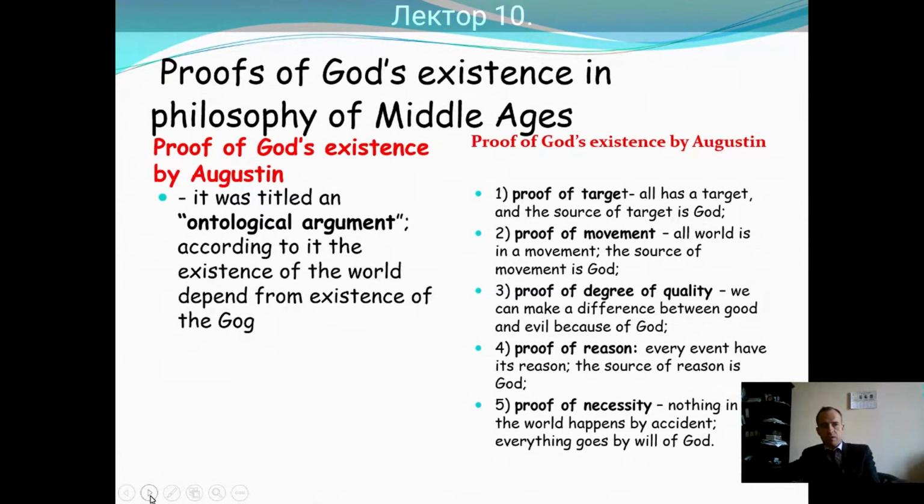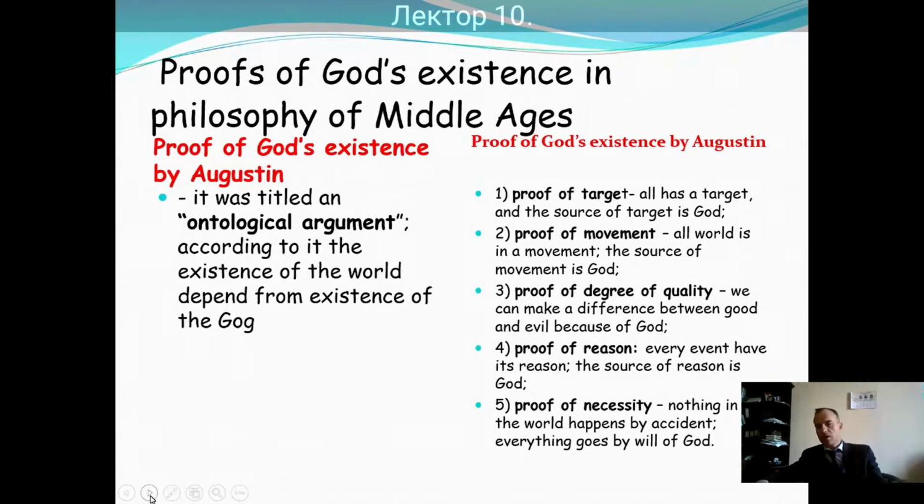The most important thing that you must remember about the ontology of the Middle Ages is that it has a religious character, because the influence of religion on science in the epoch of the Middle Ages was strong, and philosophy was only the second type of science in the Middle Ages. But the problem of ontology and the problem of the world's existence was rather actual in the philosophy of the Middle Ages. That's the reason why Thomas Aquinas and Aurelius Augustine created their theories of ontology, their theories of existence.